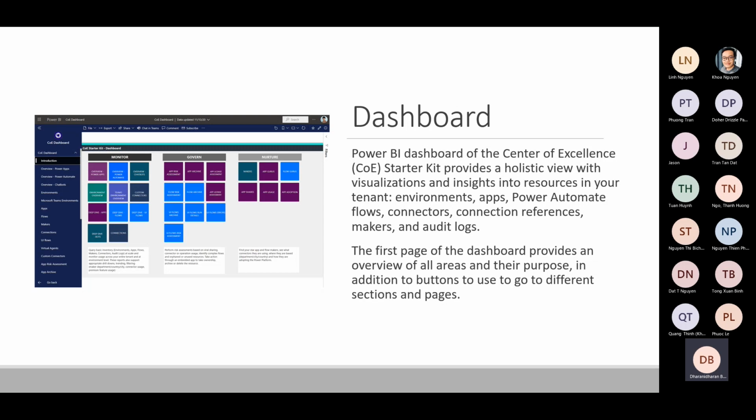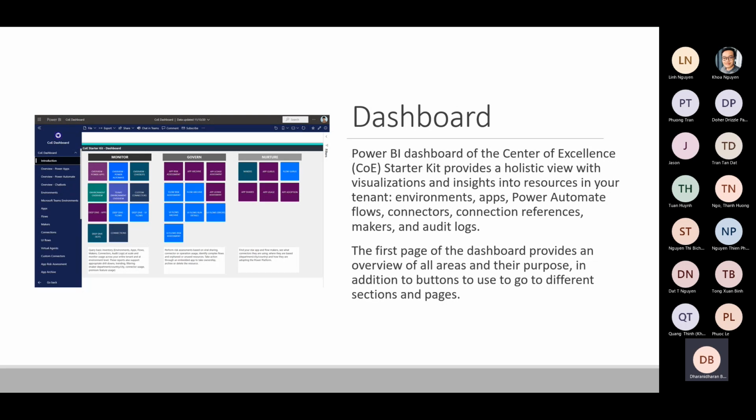On the left hand side, you can see the image which I have added, with monitor, govern, nurture. As in the previous screen, I have explained about the environments, the makers, app guides, and flow groups. We have seen in detail what information will be available where, and they have given it separately here.